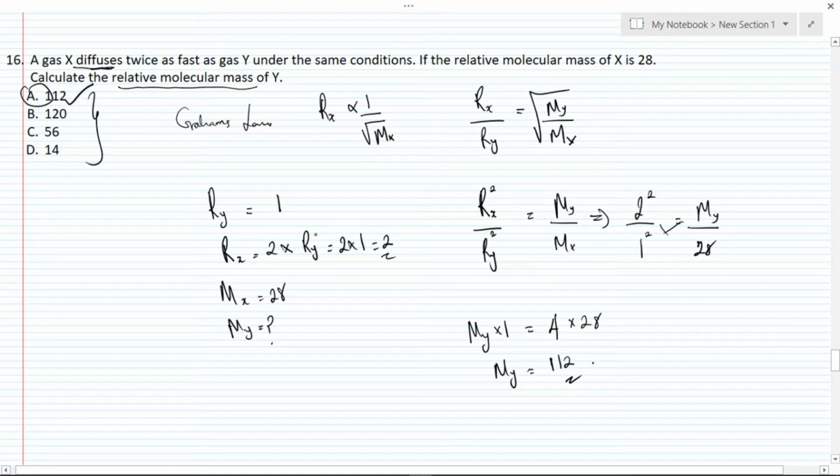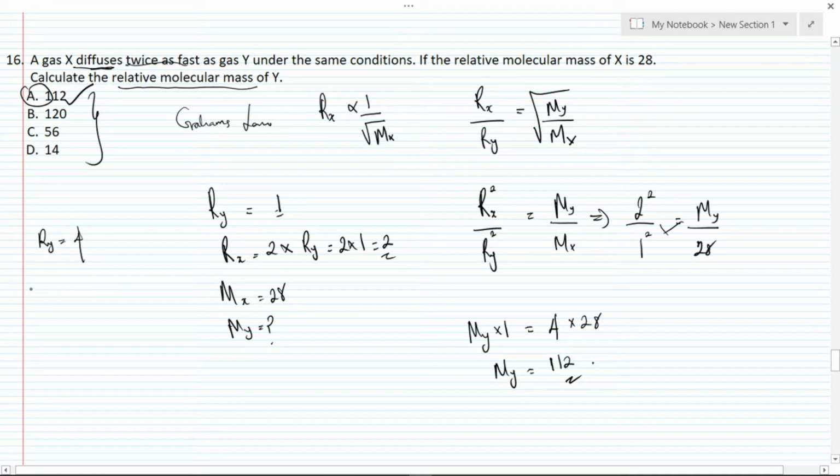Again, the reason we assume a value for Ry is because of the term "twice as fast." In the end, it's more of a ratio. No matter the value you use for Ry, so long as you say Rx will be twice Ry, you're still going to get the same thing. You think that's a lie? Let's check. Let's assume Ry to be 4.